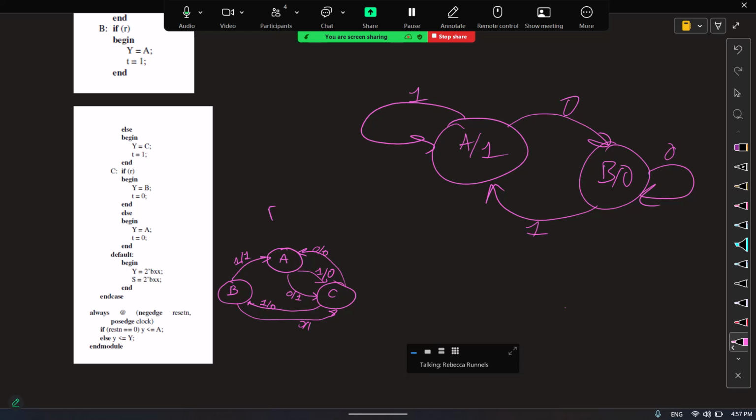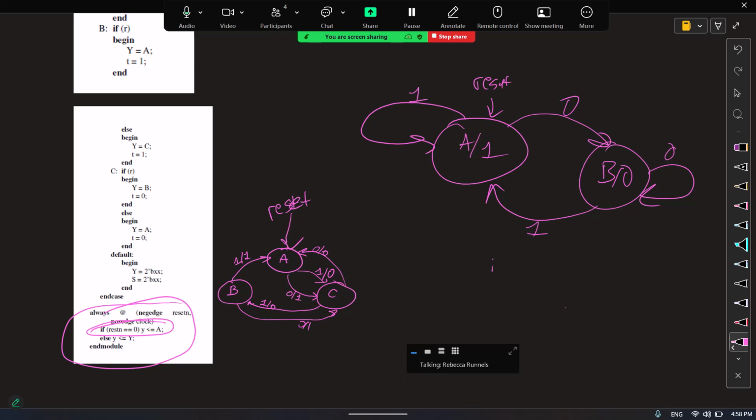Oh, I should have a reset here. A reset goes to A, and I got that from right here. So I'll put a reset in this one. So your second always block would be identical.